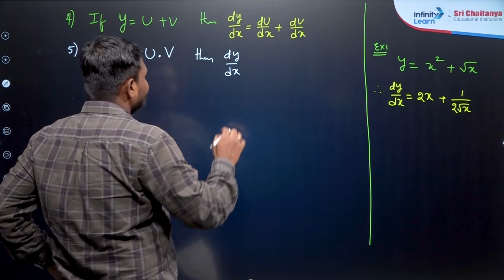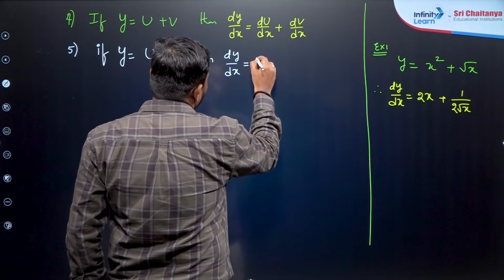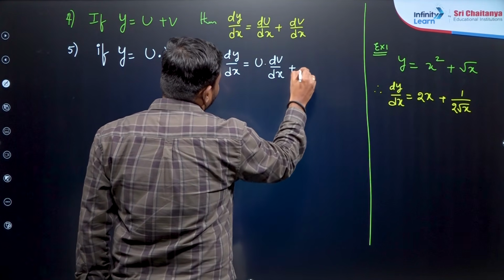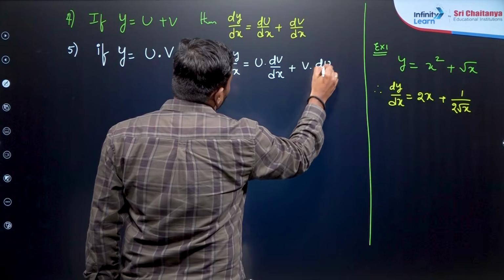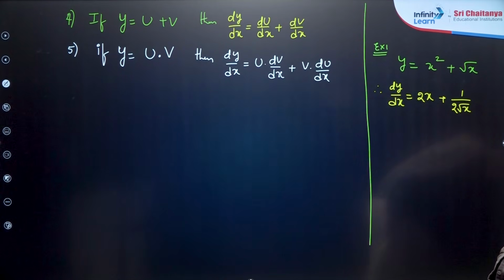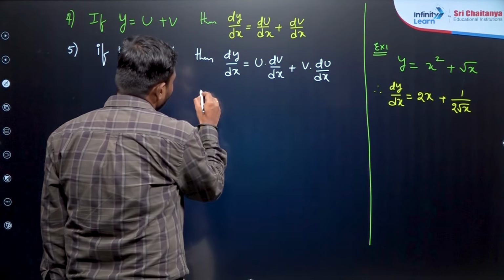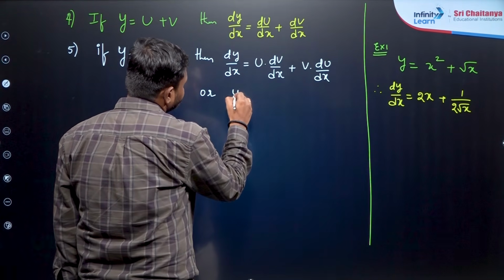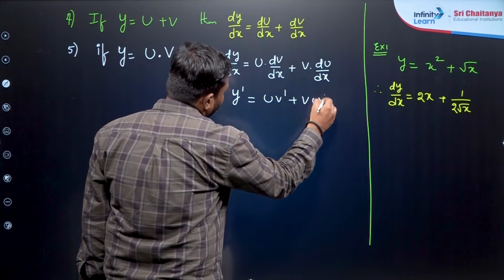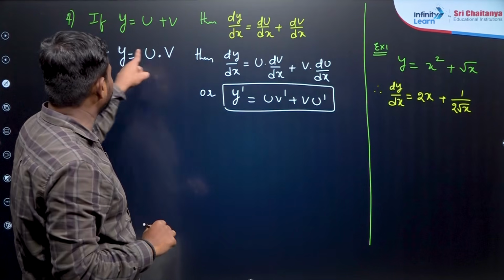So let us focus on the formula now. The derivative of y is given as u into v dash plus v into u dash. Is that clear, sir? This is the formula for the multiplication rule.